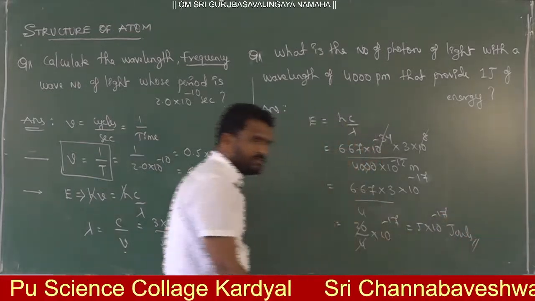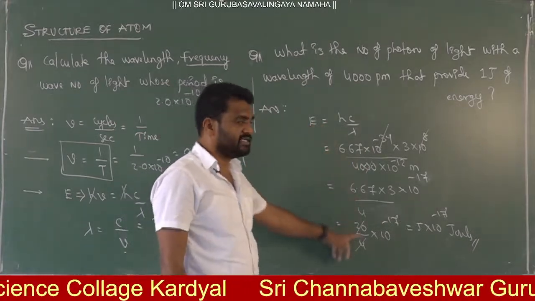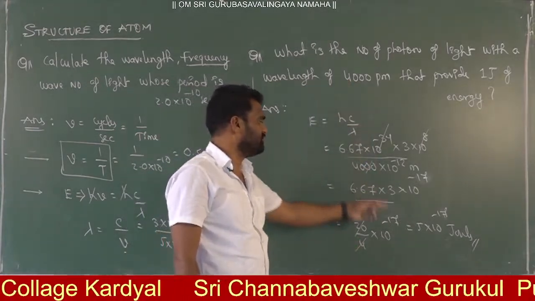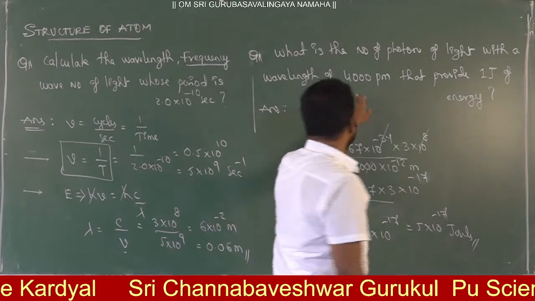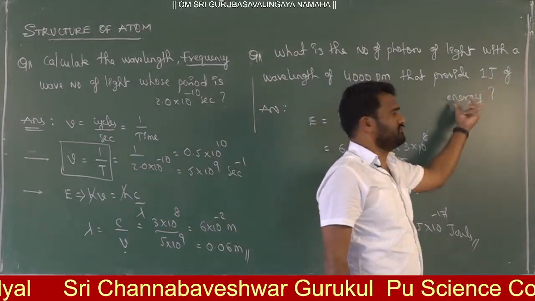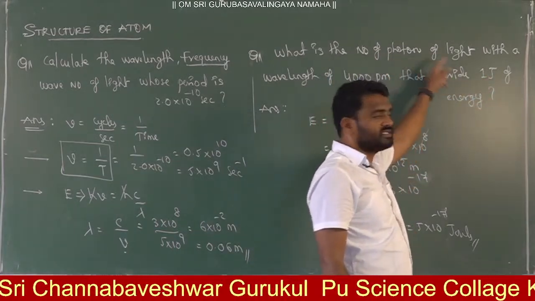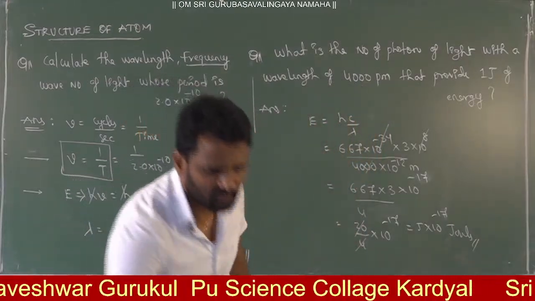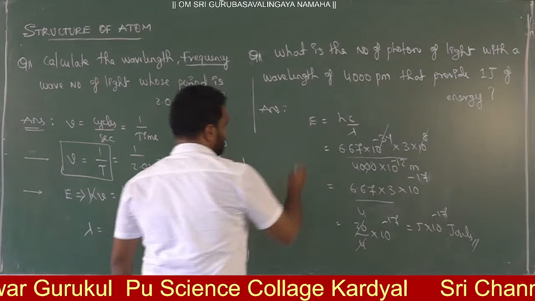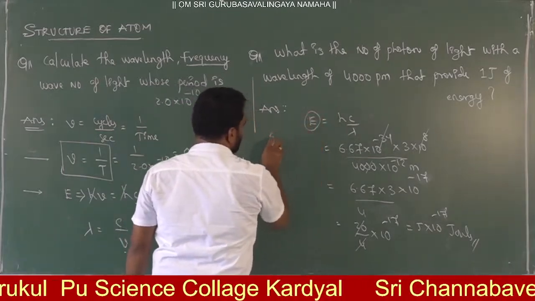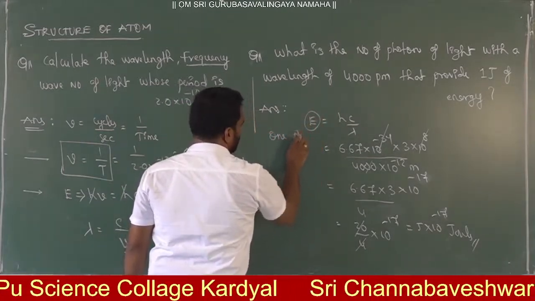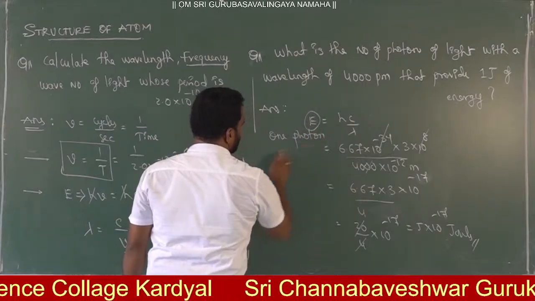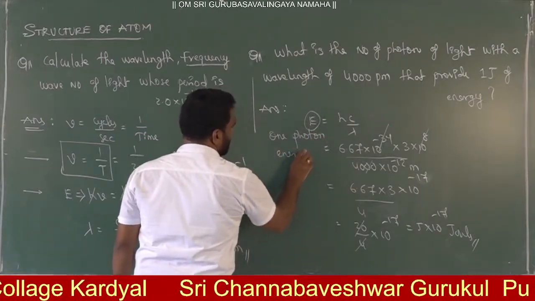So this is the energy of 1 photon. But what they are asking is: if I need 1 joule of energy, how many photons do I need to take? Then you have to do the crisscross. This is the energy of 1 photon that we calculated.